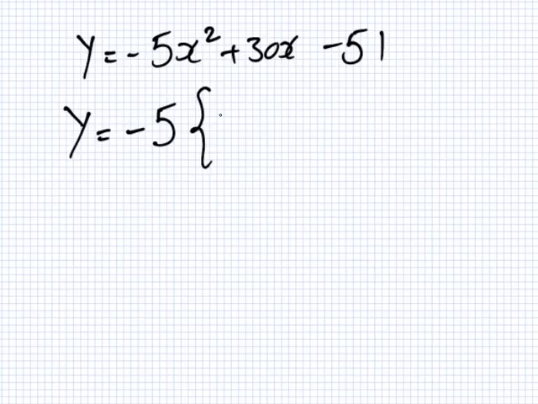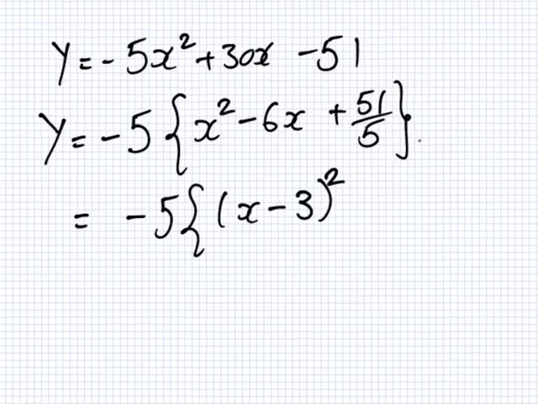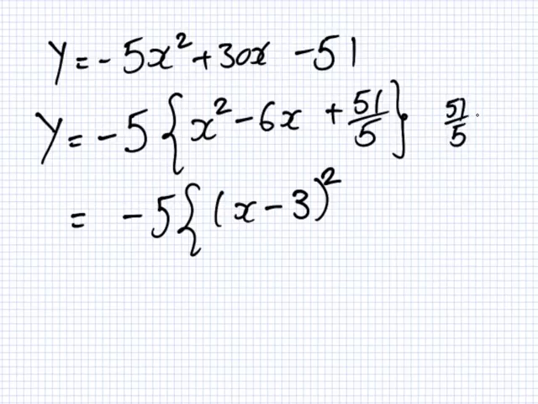So we have x squared minus 6x plus 51 over 5. This is minus 5 times x minus 3 squared, and let's see, 51 over 5 minus 9, minus 45 over 5. So what's that? Plus 6 over 5.